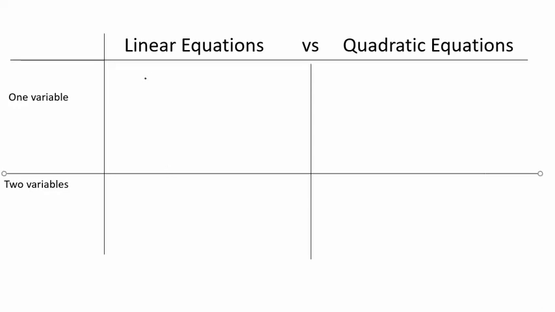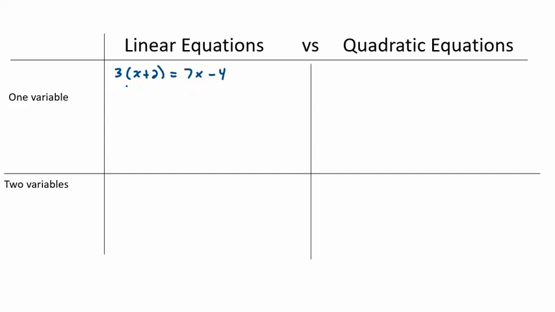For example, a linear equation in one variable might look something like 3 times the quantity x plus 2 equals 7x minus 4. The one variable here is x.